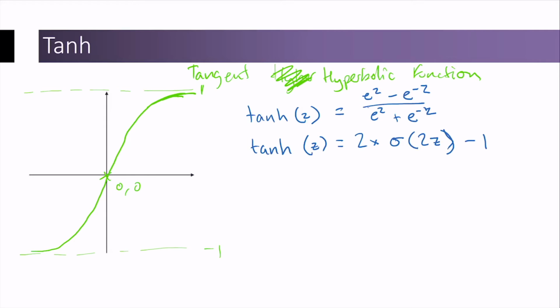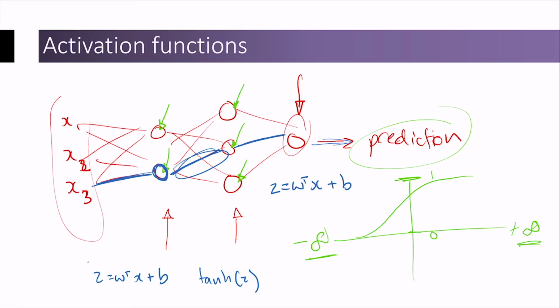Now, why does this actually work? If you think about the data coming into the function, which we have named z, it can have values ranging from minus infinity to infinity. So if we go back here, there's nothing stopping this equation right here, with the input and the weights and everything, from ranging from minus infinity to plus infinity.